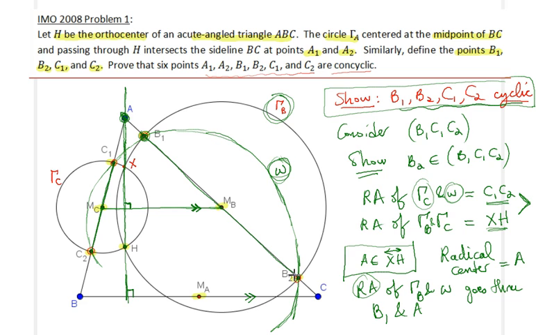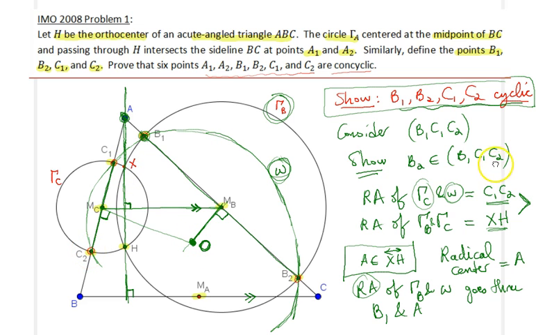The intersection of these two perpendicular bisectors is, as you can imagine, the circumcenter of our triangle, O. Now that I know the center of this circle, I can establish that OB1 is equal to OB2, which is equal to OC1, and also equal to OC2.